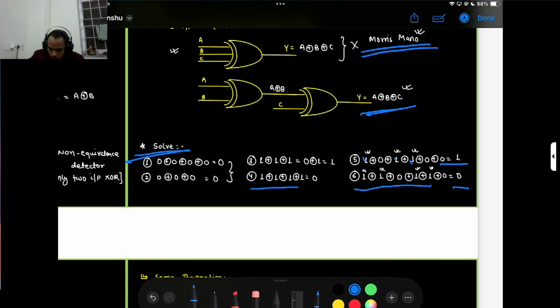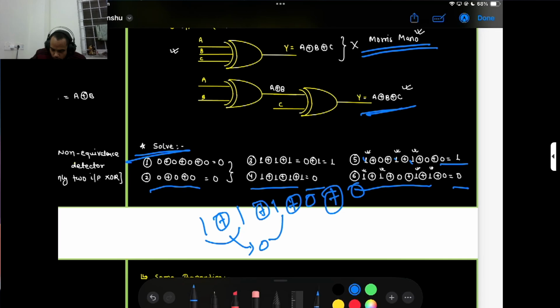Basically, suppose I take 1 0 1: 1 1 gives me 0, then 0 with 1 gives me 1. So when an odd number of 1s comes, we get 1. While an odd number of 1s are present, only then we get 1, otherwise we get 0.